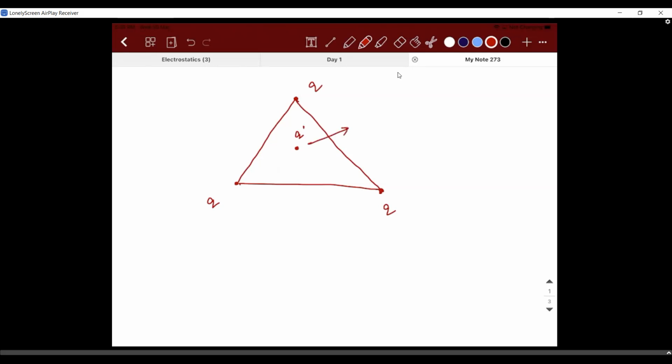Then what you need to do is calculate the force experienced by Q dash due to the remaining charges in the system. So how do we do this?